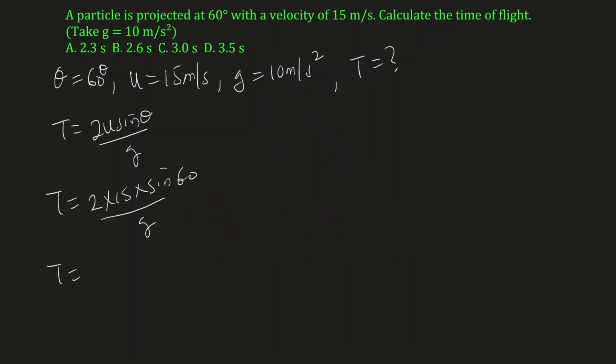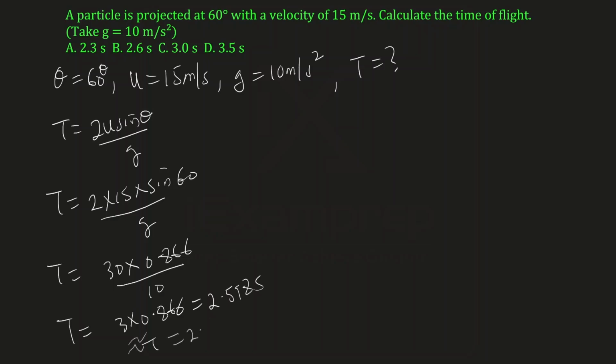So 2 times 15 is 30, times sine 60, which is 0.866, and g is 10. So this is going to give us 3 times 0.866, and 3 times 0.866 is equal to 2.598 seconds, which is approximately 2.6 seconds. So the correct answer is going to be B. So if that is how you solve it, that is good.